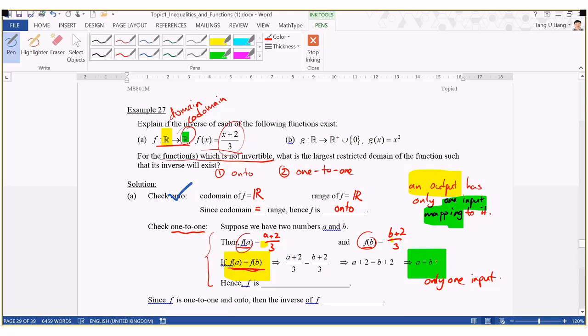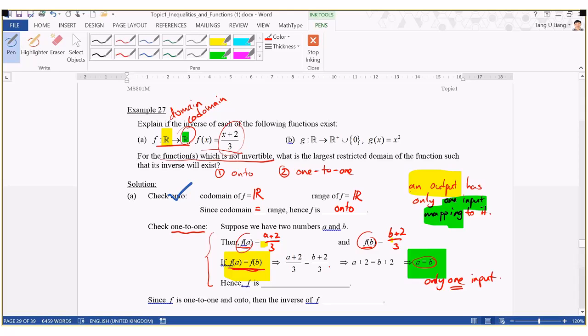Now, how do you proceed to a equals b? Well, you have to look at the formula. So that's (a + 2)/3 equals (b + 2)/3. And you see that the 3 can cancel. That gives us a + 2 equals b + 2. And then again, we can see that the 2 and the 2 can cancel, and that is how we get a equals b.